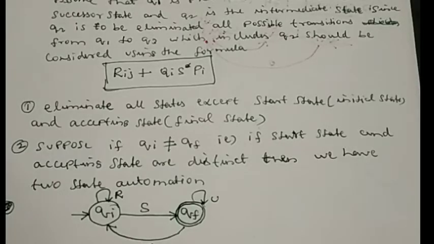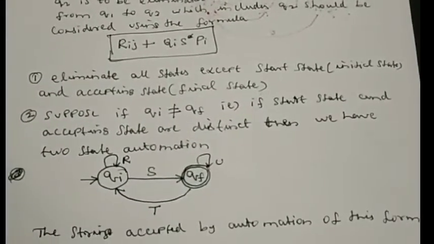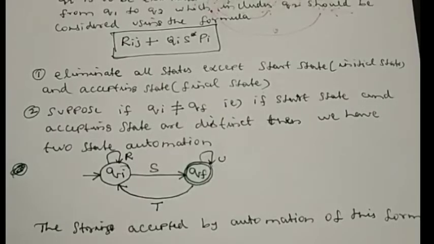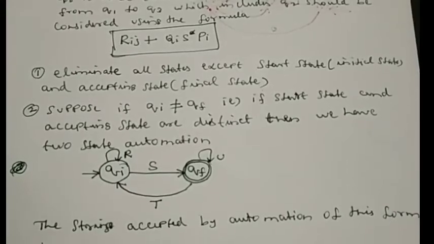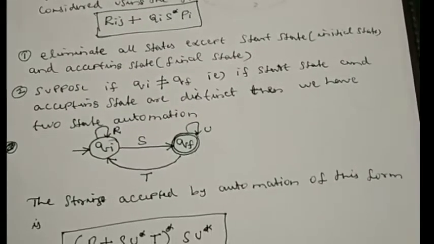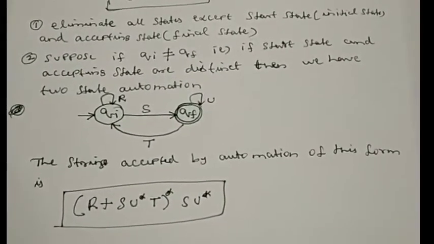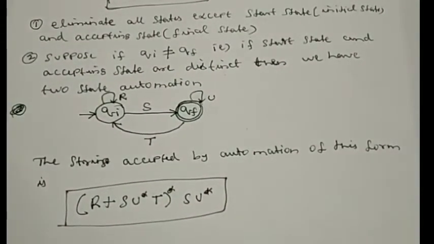In that case, we make it a two-state automaton. Qi is the initial state and Qf is the final state, and we have a set of transitions like this: R is a self loop on the initial state, U is a self loop on the final state, from the initial state to the final state we have a transition S, and from the final state to the initial state we have a transition T. If this is the form, then you convert it using the theorem, with the formula R plus S U star T, whole star, followed by S U star.